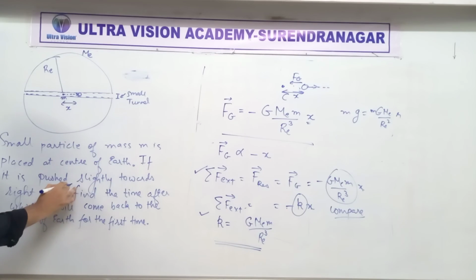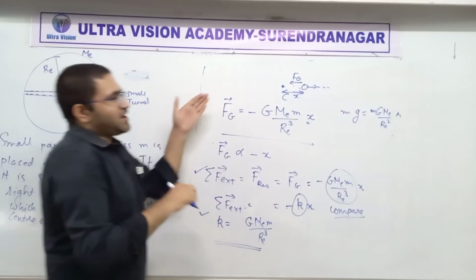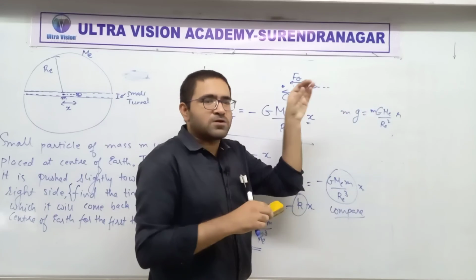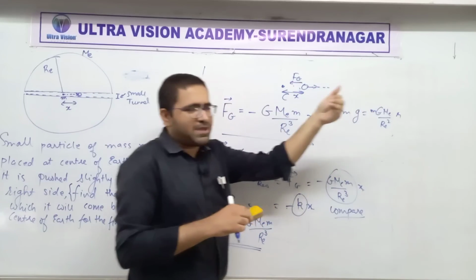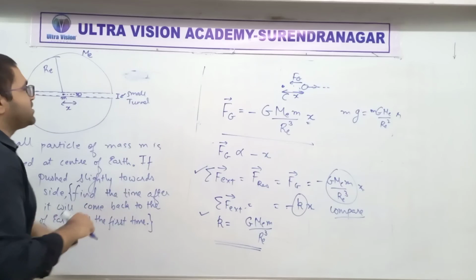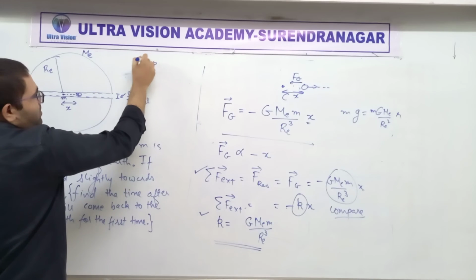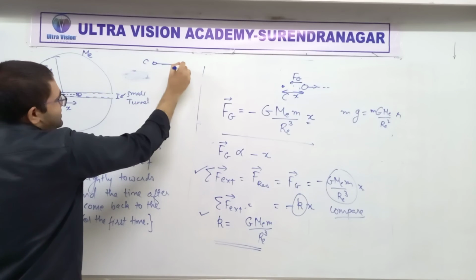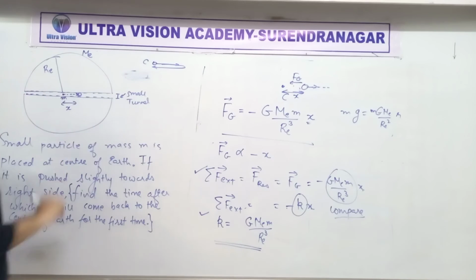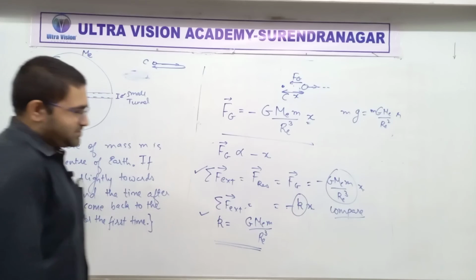Let's read the question. We have to find that if you give it a slight push, it will go towards the right side, but then earth will attract it back and bring it back towards the mean position. Understood? That is from center it will start going like this and then it will come back. Clear or not clear? So how much time will it take?